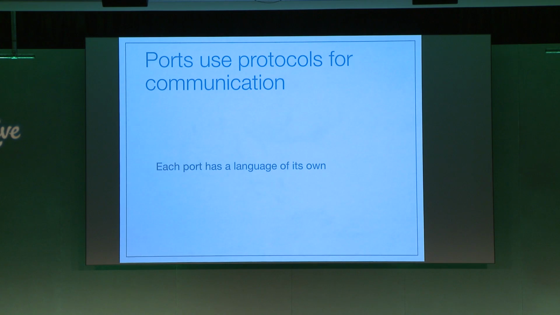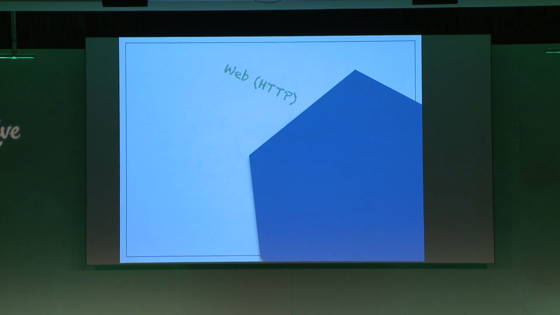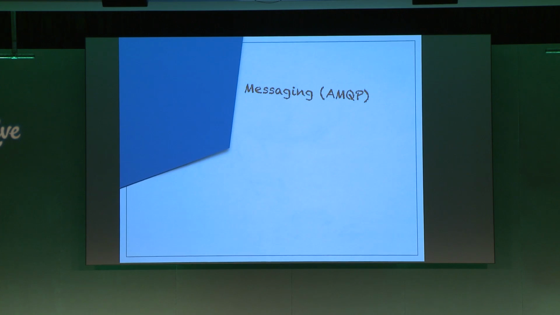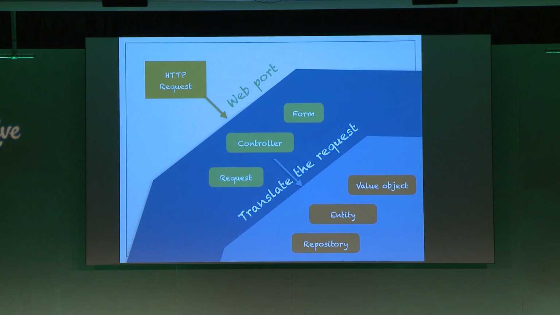Each of the ports of your application, input ports as well as output ports, has its own language by which it allows communication. The web port, of course, uses HTTP as a protocol to communicate. And another side, which is about messaging, uses AMQP to talk with other services.